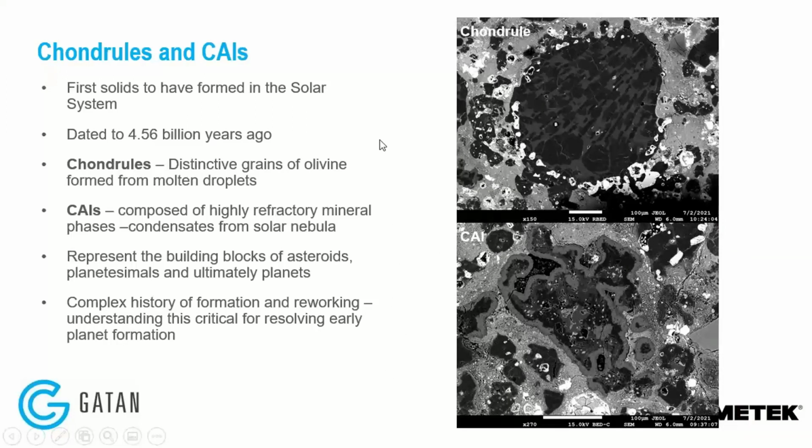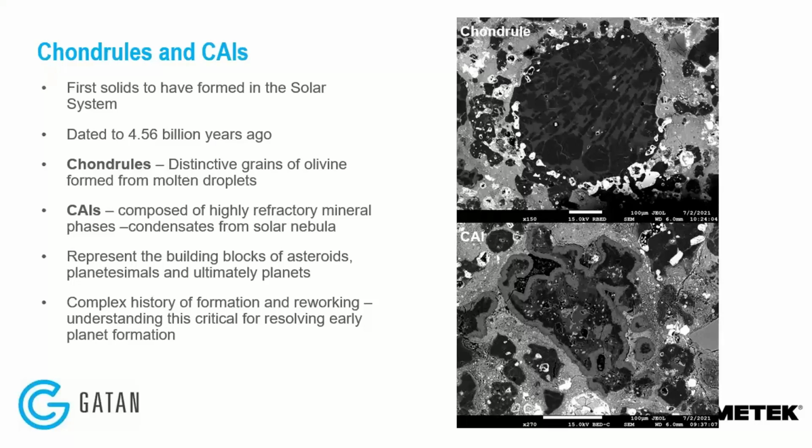Chondrules formed from these distinctive molten droplets. They're believed to have formed either in the solar nebula or in impact processes on the early asteroids that formed. And they typically are composed of forsteritic or magnesium-rich olivine.